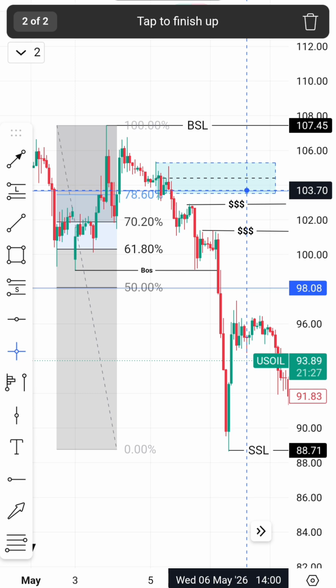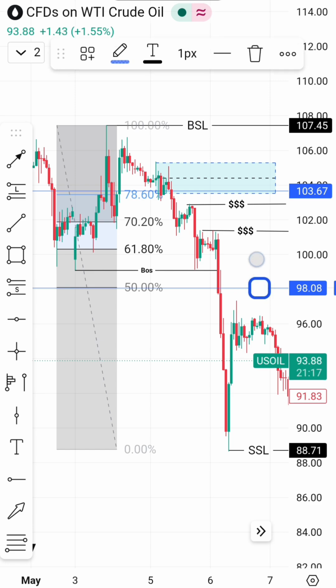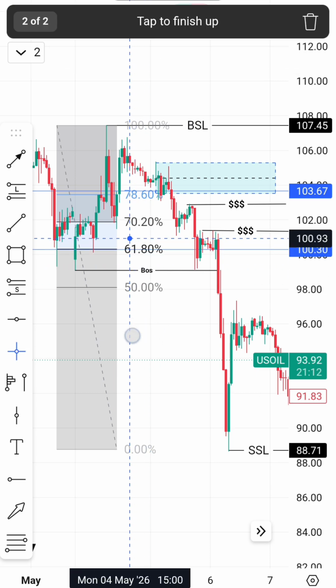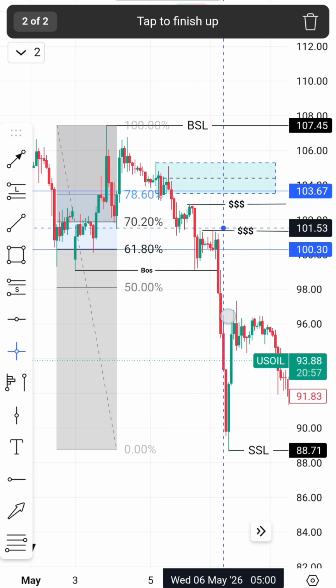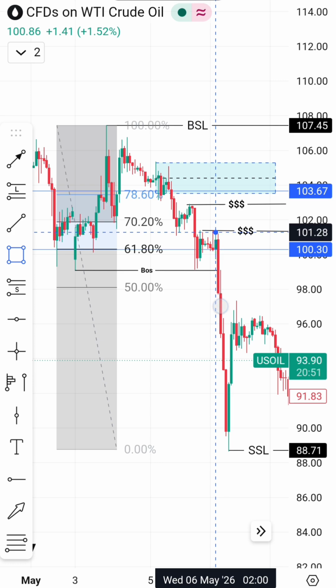So what do you do? Now you have done your analysis. Let's say you had put your entry around here, the 61. Let's assume we are going to put two entries, the 61 and the 78, and see what will happen. Most people will put entry at this zone, so let me draw the order block as you would have drawn it.